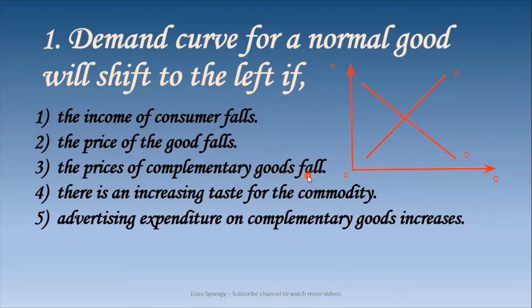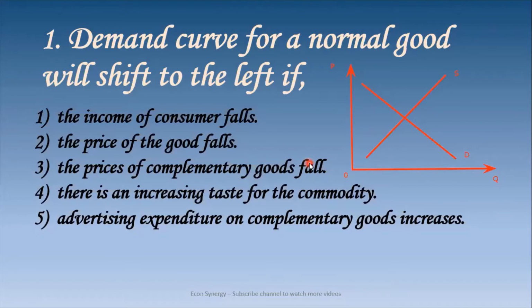Then next one, the price of complementary good falls. Complements mean the goods we consume together. For example, tea and sugar are complements, or computer and software are complements. When a complement's price falls, for example, when computer price falls, the demand for software will increase.